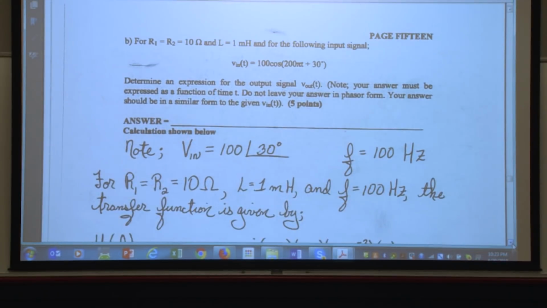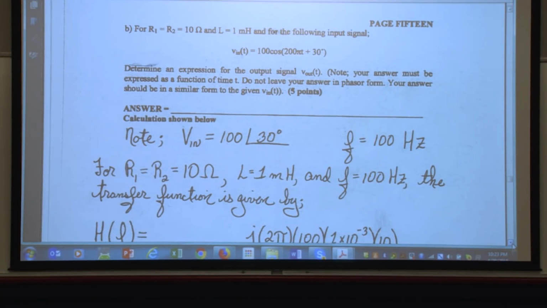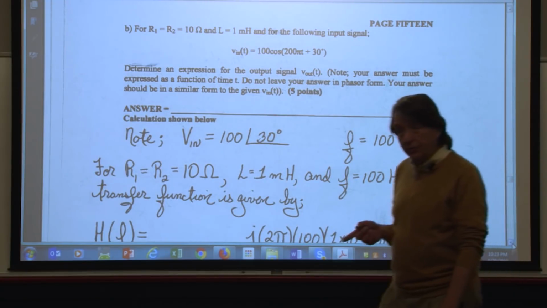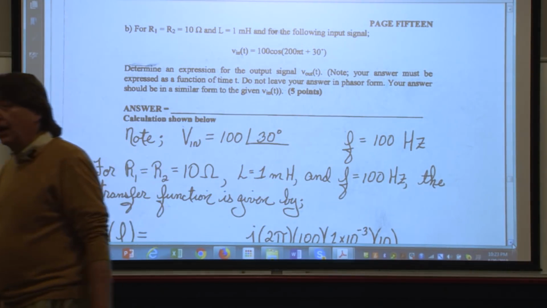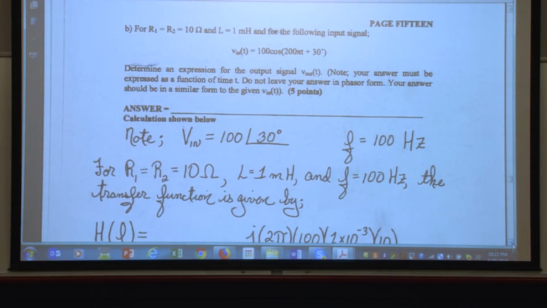My colleagues. Now, this is like exam 3. Okay? Except I've just asked you, Brittany, to derive the transfer function. But now I say R1 and R2 is 10 ohms. L is 1 millihenry. And this is the input, V in.